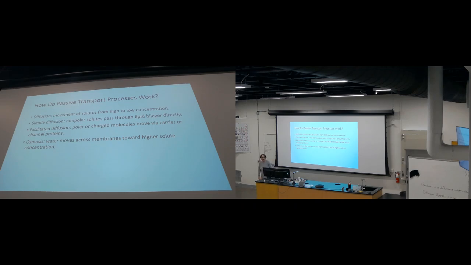So how do the passive transport processes work? In physiology, items move from more to less, from higher concentration to lower concentration. That's diffusion, movement of solutes from high to low concentration. Simple diffusion: nonpolar molecules pass through the lipid layer directly, like oxygen and CO2.